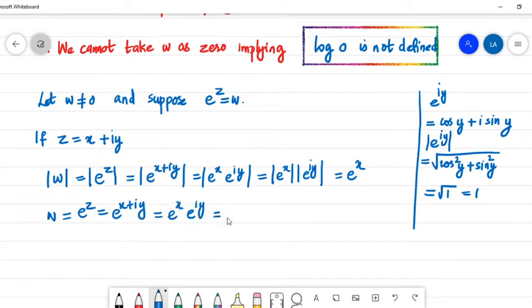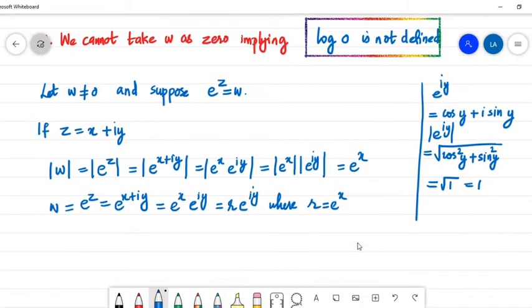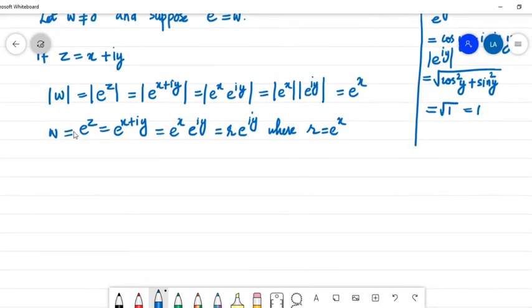I am calling e raised to x as r, where r is equal to e raised to x. So I have written the complex number w in the polar form. In the polar form, r is equal to e raised to x.